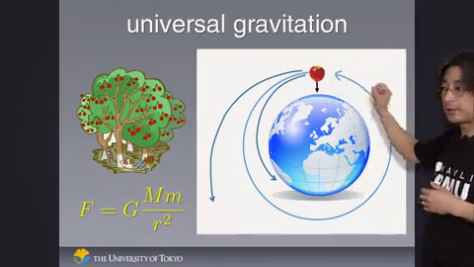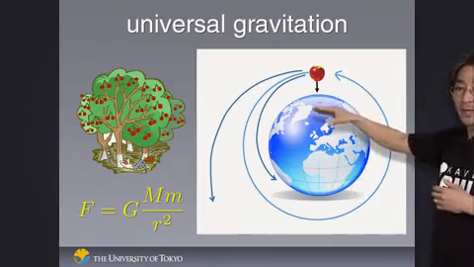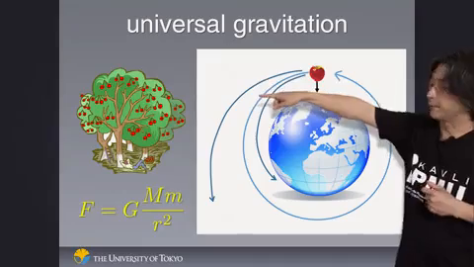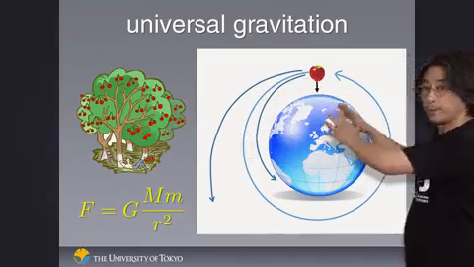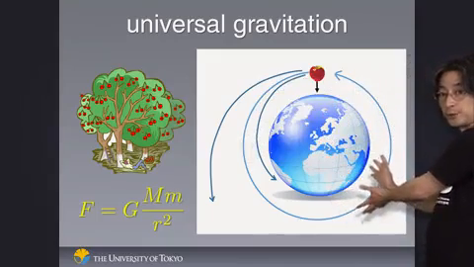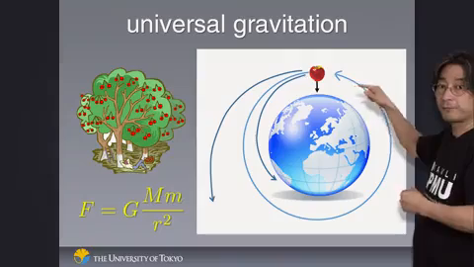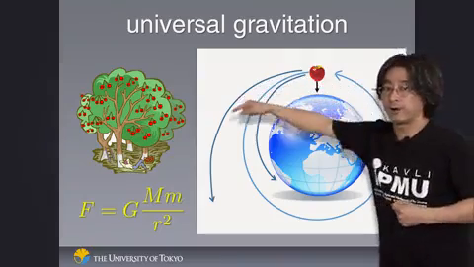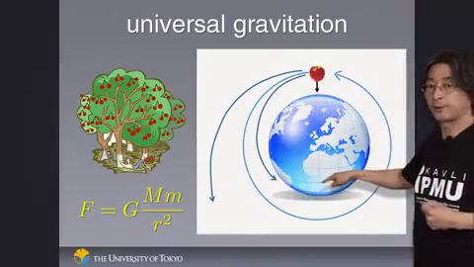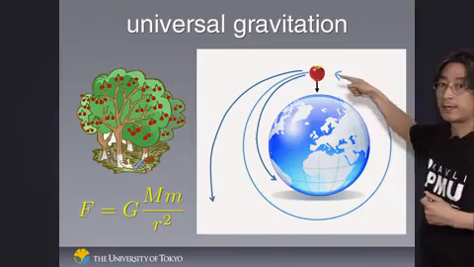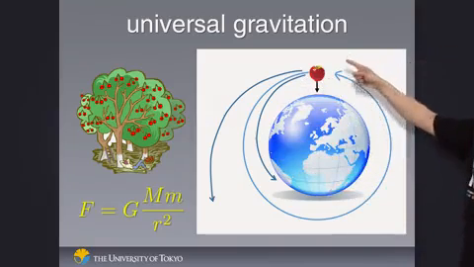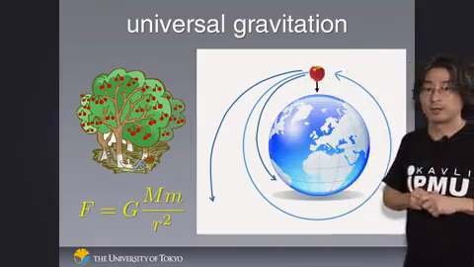But if you give a little thrust to the apple, then it would fly some distance, but eventually fall on the ground. But once you know that Earth is round, if you put enough thrust, then it might go pretty far along before it falls down on the Earth. And if you put sufficient thrust, then it might go around the Earth once. And that's exactly what the moon does.